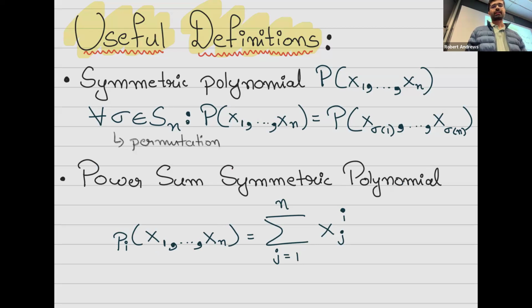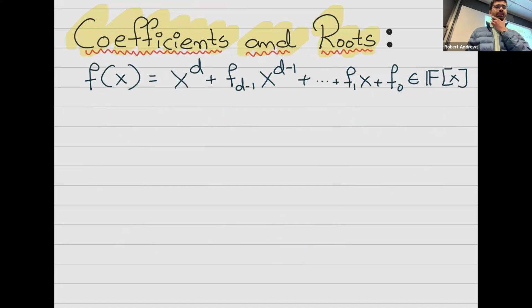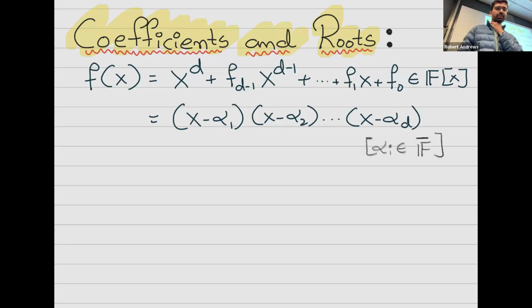Okay. And we'll notice one property of univariate polynomials and go into some of the key ideas. Let f be some polynomial with coefficients f_{d-1}, ..., f1, f0, and suppose alpha 1, alpha 2, up to alpha d are its roots.